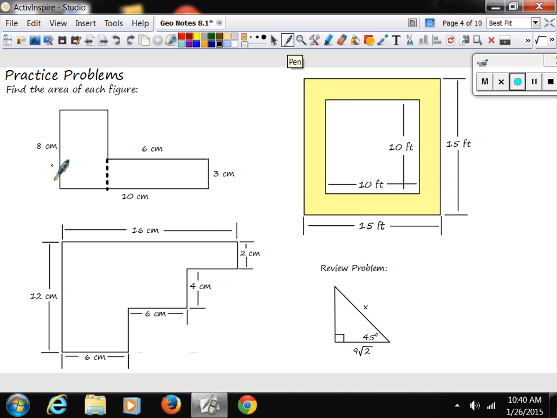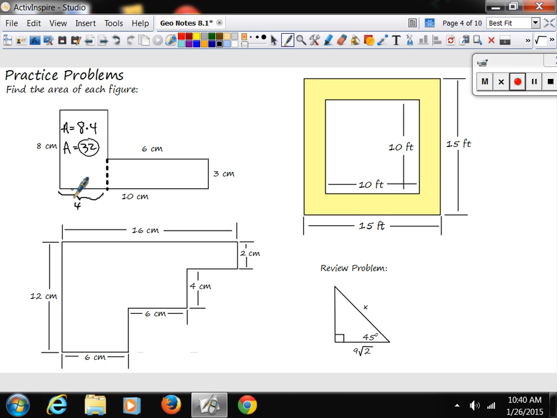So I know 8 is over here. Do I know this side down here? I don't know it, but I can figure it out, can't I? The whole thing is 10. I got part of it 6. So the other part has to be 4. So I'm going to put area equals 8 times 4. So in this case, my area is 32, and circle it, and we got one area done.